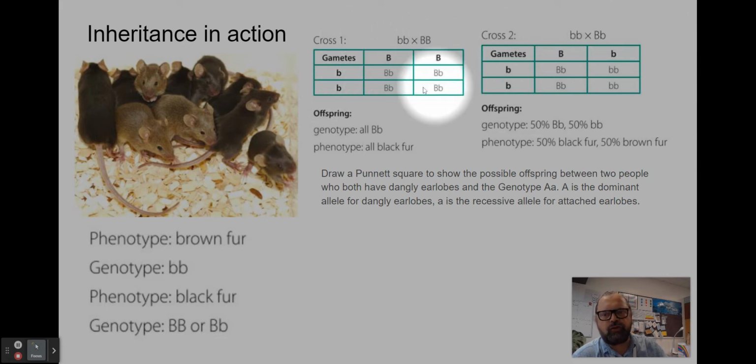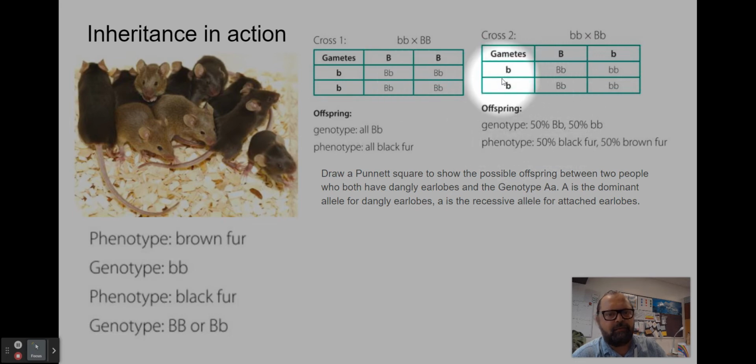So if we crossed a brown mouse with a black mouse, and the black mouse was homozygous dominant, 100% of the offspring would have black fur. Every single baby mouse that this cross produces will have black fur.